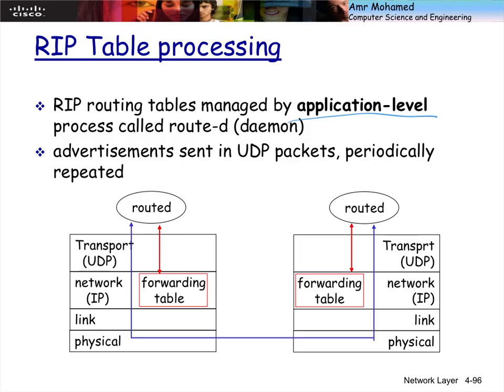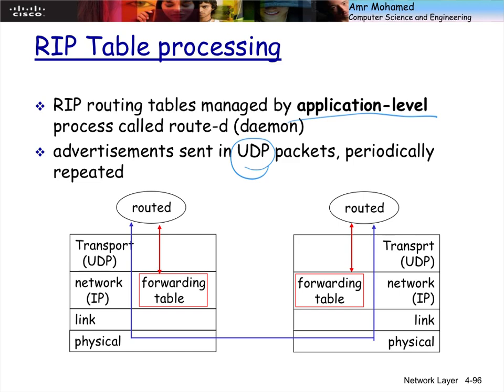So route updates use UDP for link advertisement. Each router sends route advertisements by encapsulating the 25 items from the routing table in a UDP message over IP, and it sends it to the neighboring routers.